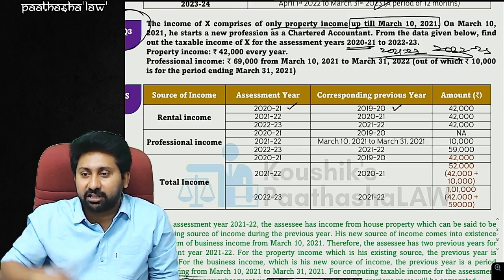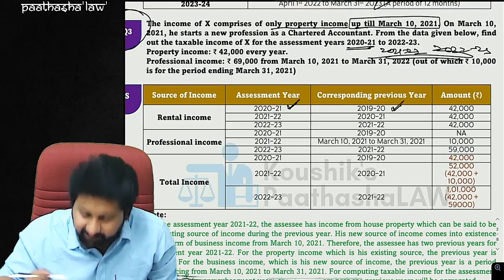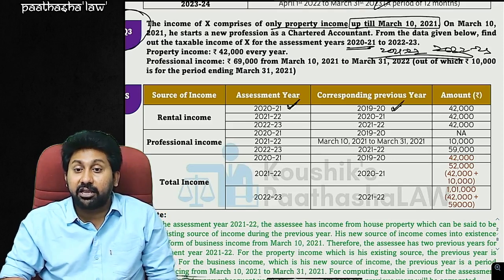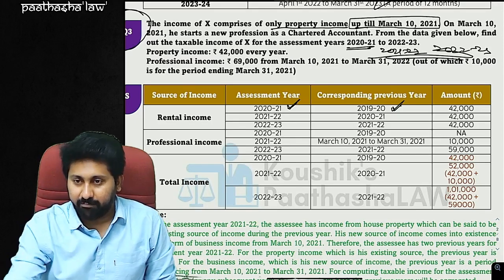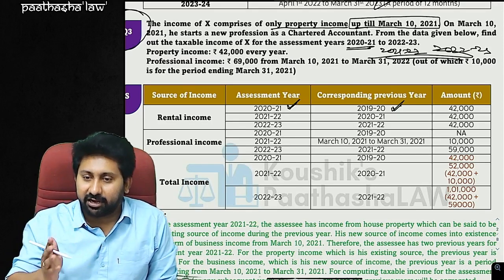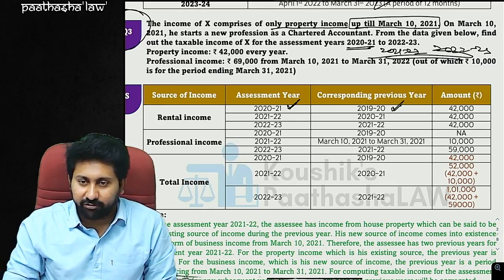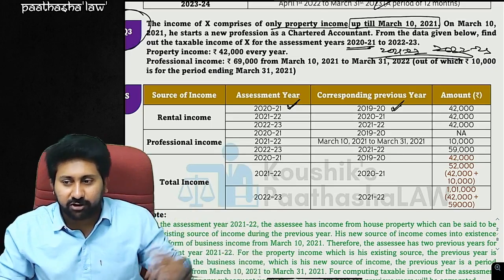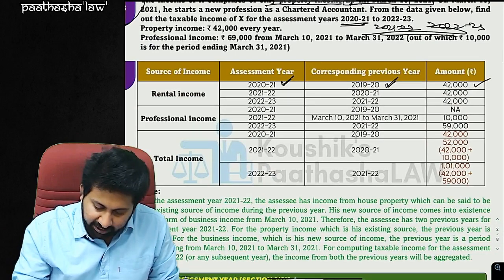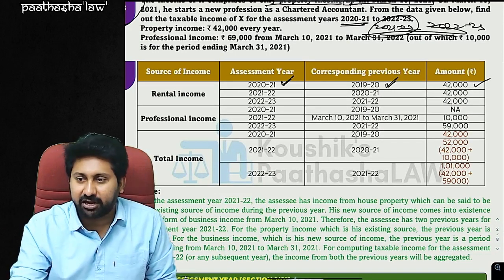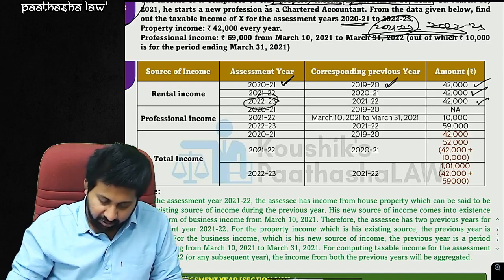For assessment year 2020-21, the previous year will be 2019-20, and he had only one source of income, rental income. So 42,000. Next, assessment year 2021-22 also he will have that income, so another 42,000. Third year also he will have 42,000.